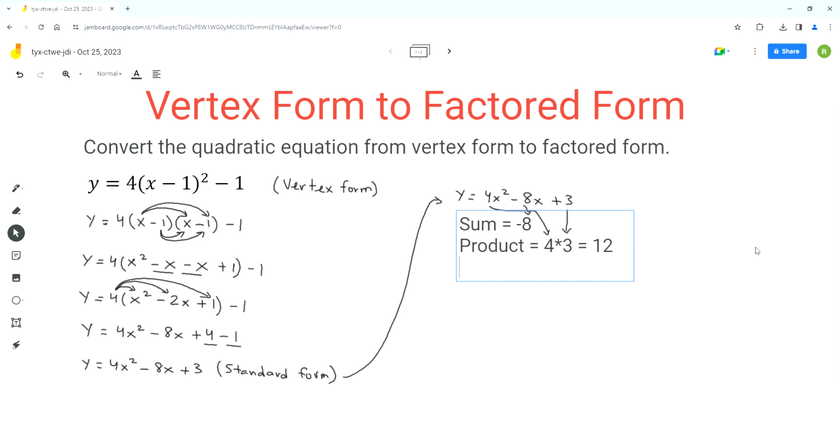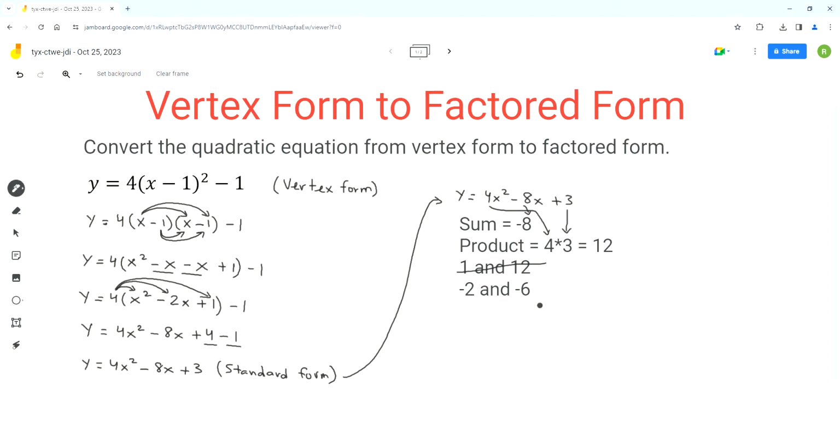So the first pair that comes to my mind is 1 and 12. But we cannot get a sum of negative 8 from 1 and 12, so this pair is out. Now the second pair that comes to my mind is 2 and 6. Now if we add 2 and 6, we get a sum of 8. Now in order to get a sum of negative 8, we'll have to make both of these numbers negative.